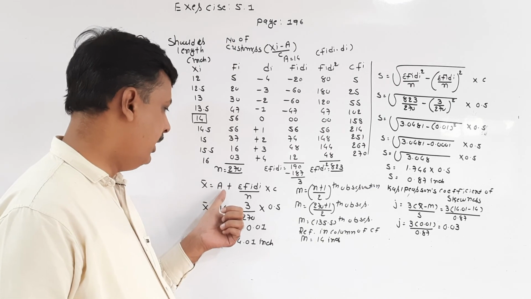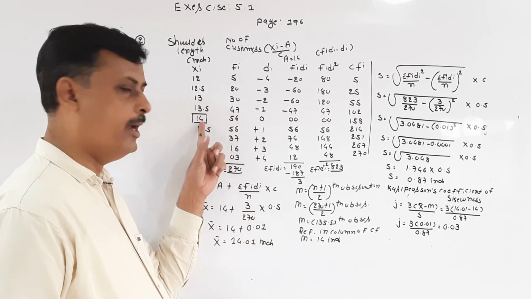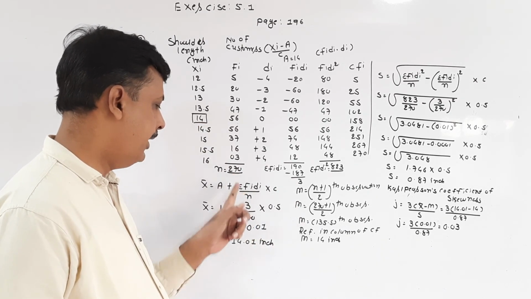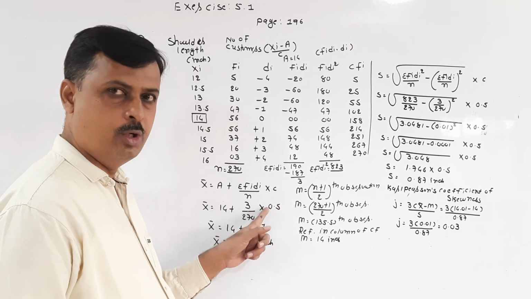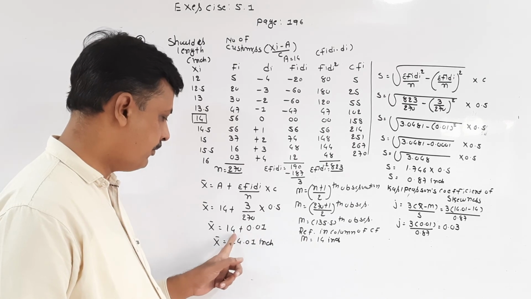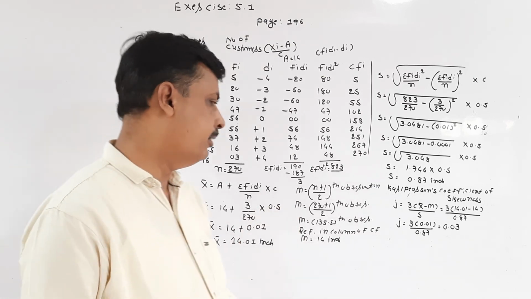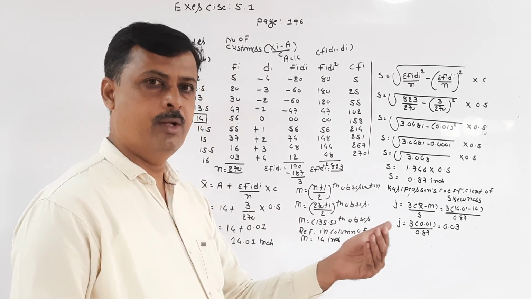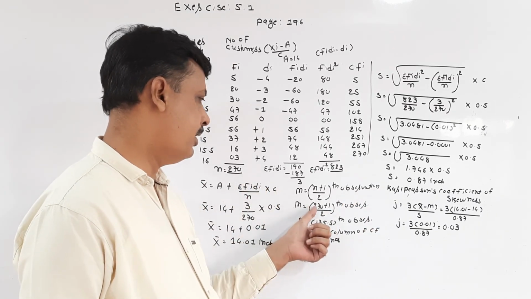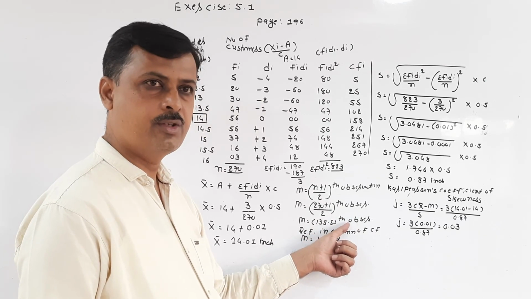X bar is equal to A plus sigma FiDi upon N into C. A for assumed mean is 14, sigma FiDi is 3, N is 270, 3 into 0.5 is 1.5 upon 270, that is 0.01, plus 14, so 14.01 inch. Median is equal to (N plus 1) upon 2 observation, and 270 plus 1 divided by 2 is the 135.5 observation.